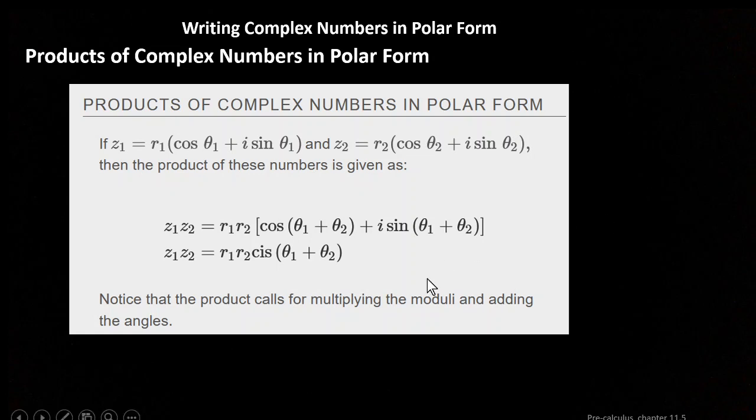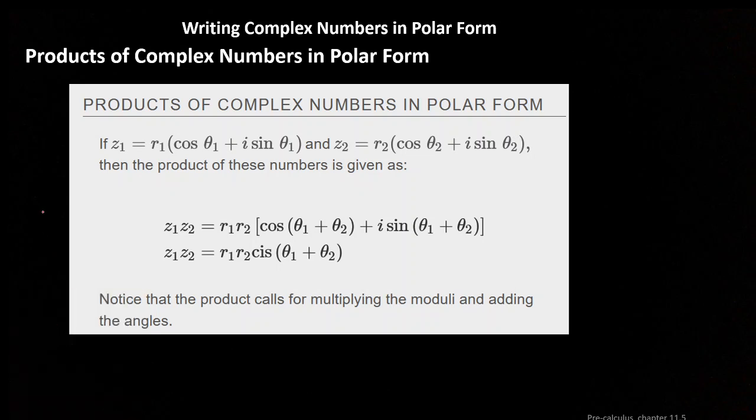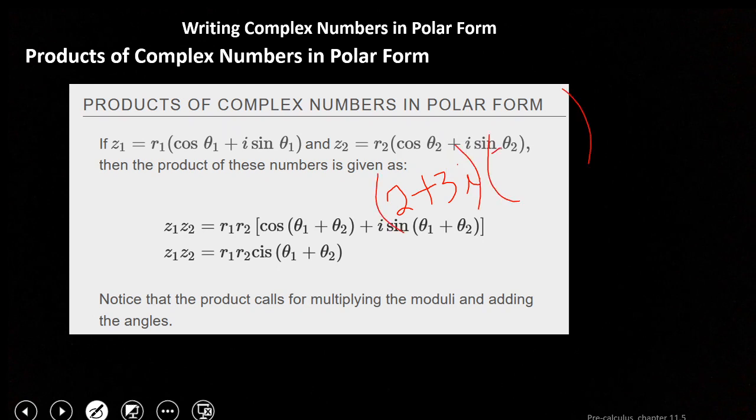Before, in algebra, you learned that to multiply complex numbers, for example, if you have 2 plus 3i, and we want to multiply it by another complex number, let's say 3 minus 2i, then we would multiply basically like that, and then distribute it this way, and then combine the i terms and all that.